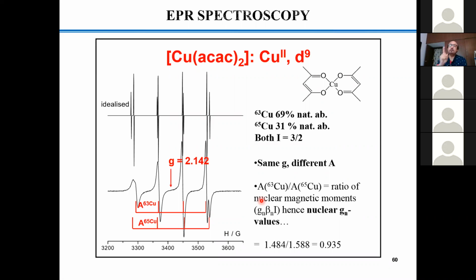But here we are not dealing only with the isotopes. We are dealing with the two or three factors associated with isotopes. What are those factors? One factor is their natural abundances. Now what happens?